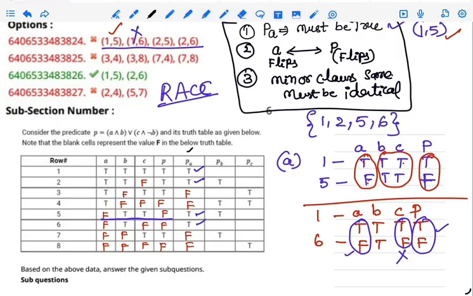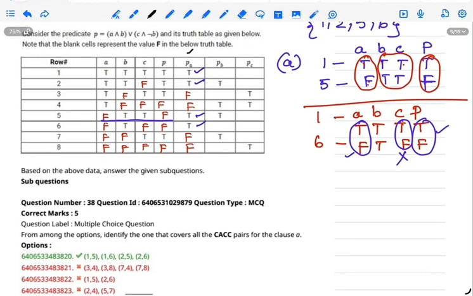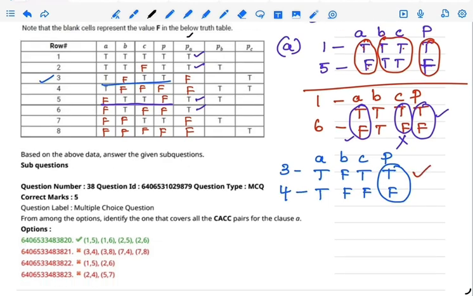In the next option we will check 3, 4. So 3, A, B, C and predicate: true, false, true, true. Correct, A does not flip.